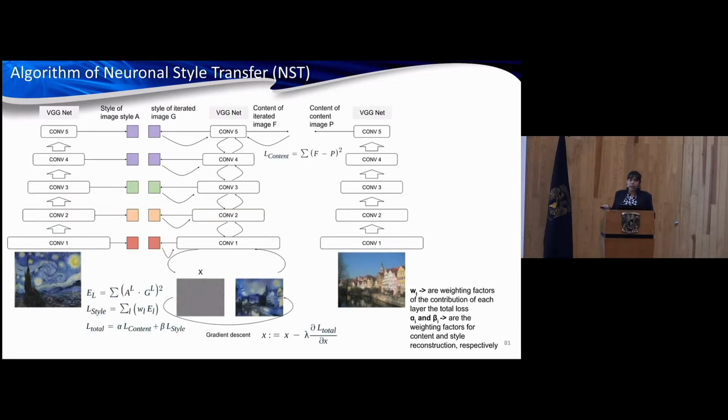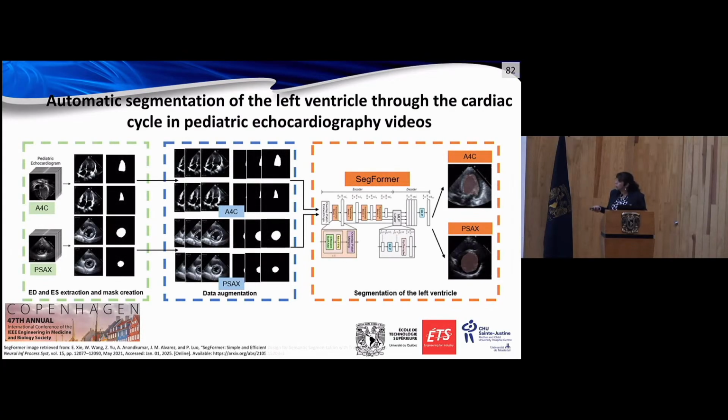Some of them need more images, and deep learning is also used to create more images, for example, the style transfer network, where we can take the style of an image to create more images. This can be used for medical images, but there's also one network that we've been using lately, the SegFormer.